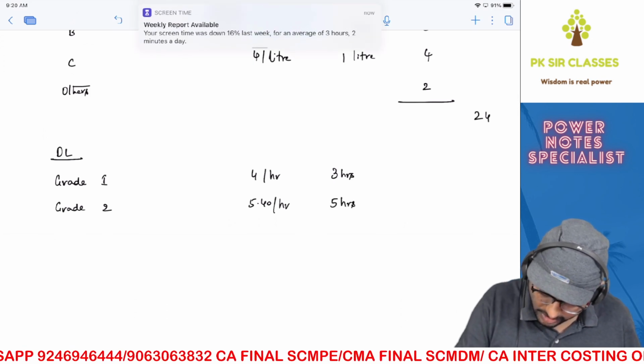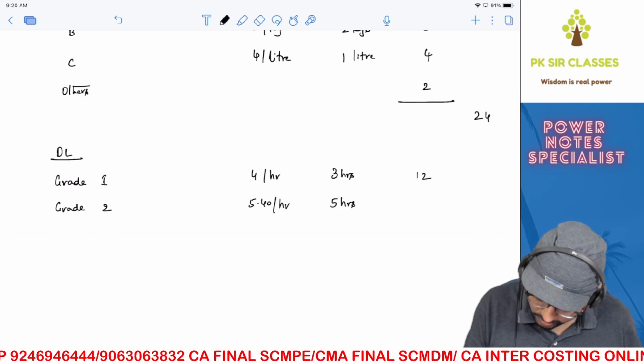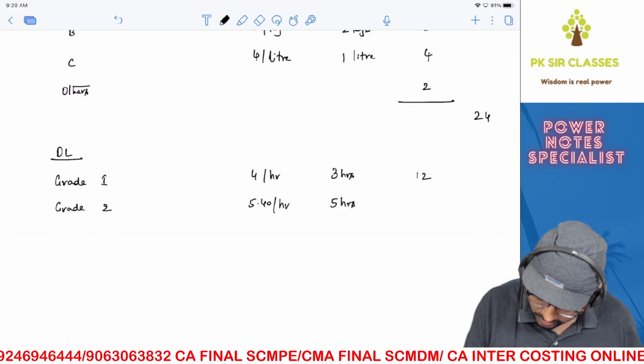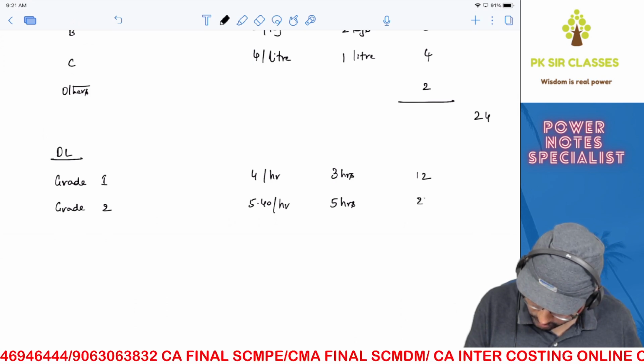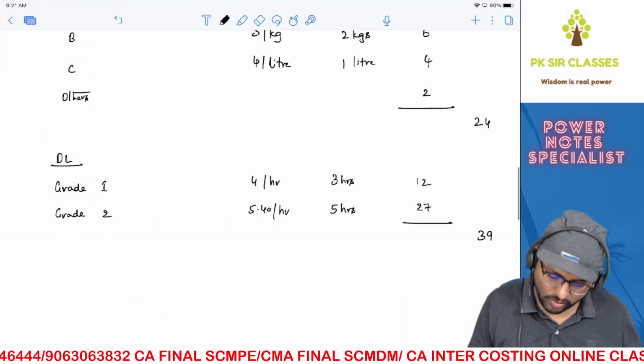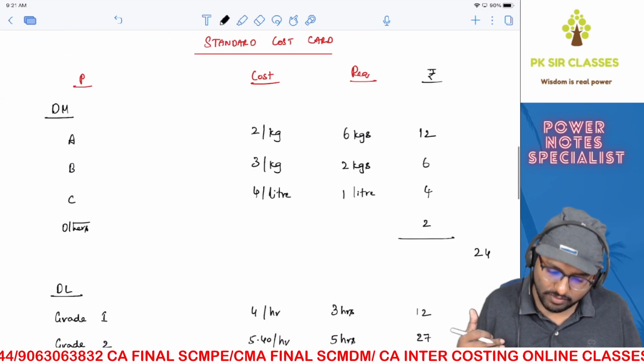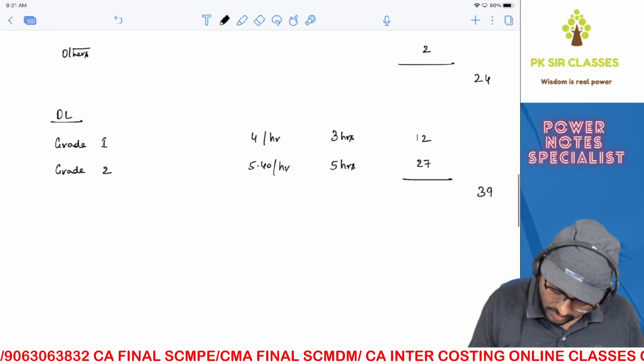Okay, let's presume it that way. In that case, this will be 12, this will be 27. Okay, right? So which means 39 will be the total cost. So now I'm done with direct material as well as direct labor for this particular standard cost card. Okay, let's move on to the next one.